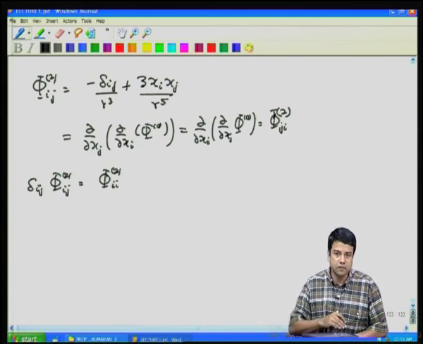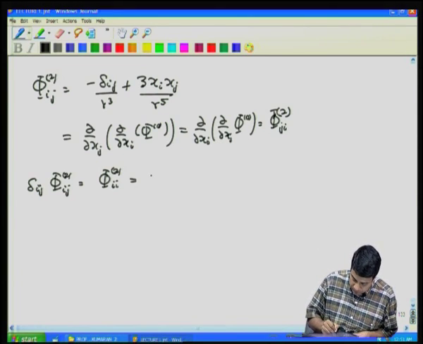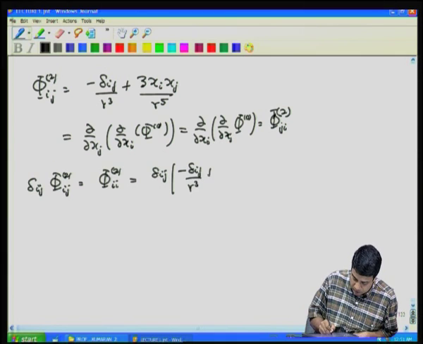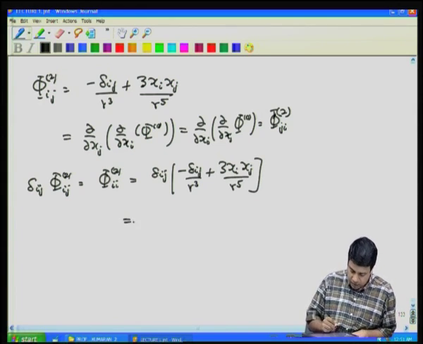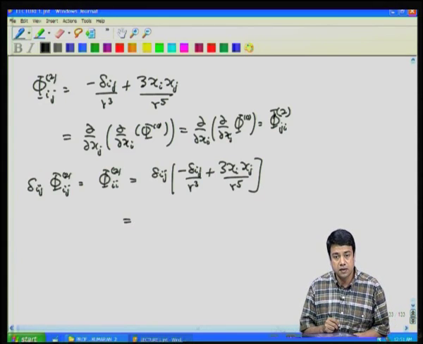Okay. On the left hand side you have 2 repeated indices. So, it is a scalar. Okay. So, this is equal to delta i j into minus delta i j by r cube plus 3 x i x j by r power 5. Delta i j into delta i j is delta i i. Okay.